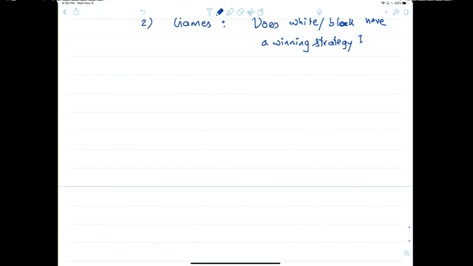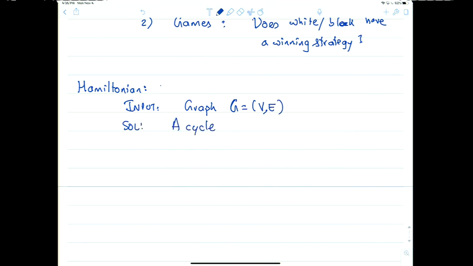Okay, so, all right, let me show you another problem in NP before I get to that. So this is Hamiltonian. Here the input is a graph, and the solution is a cycle containing all vertices exactly once.